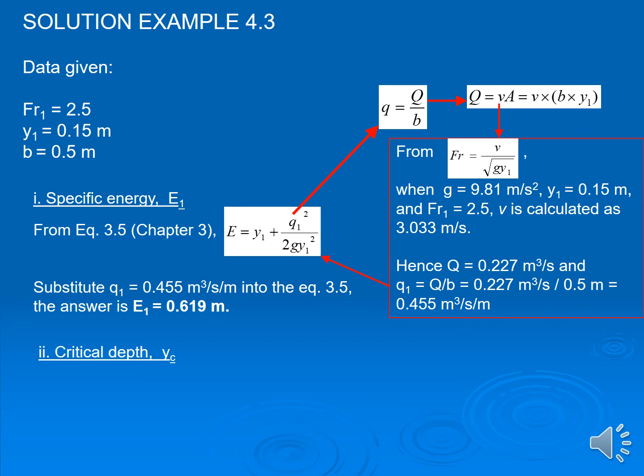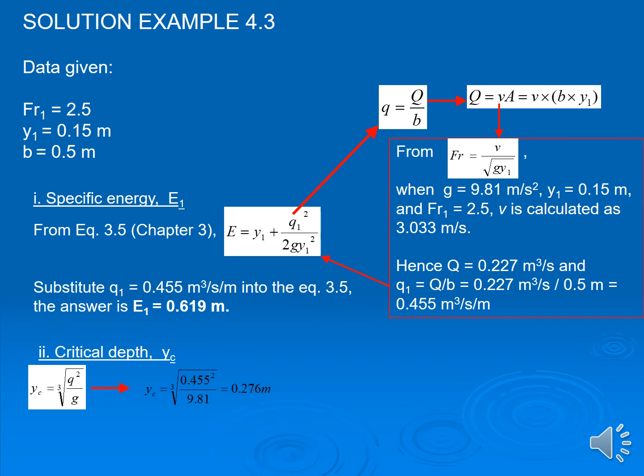Okay, next you need to find the critical depth, YC. The critical depth also can be found from an equation from the previous chapter, chapter 3, which is YC equal to the cube root of q squared divided by g.